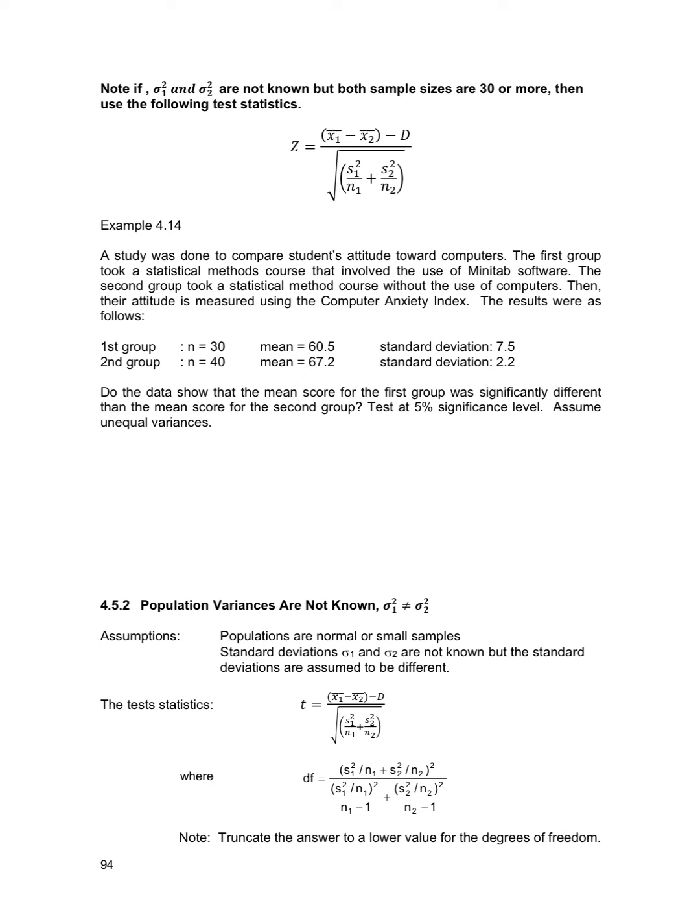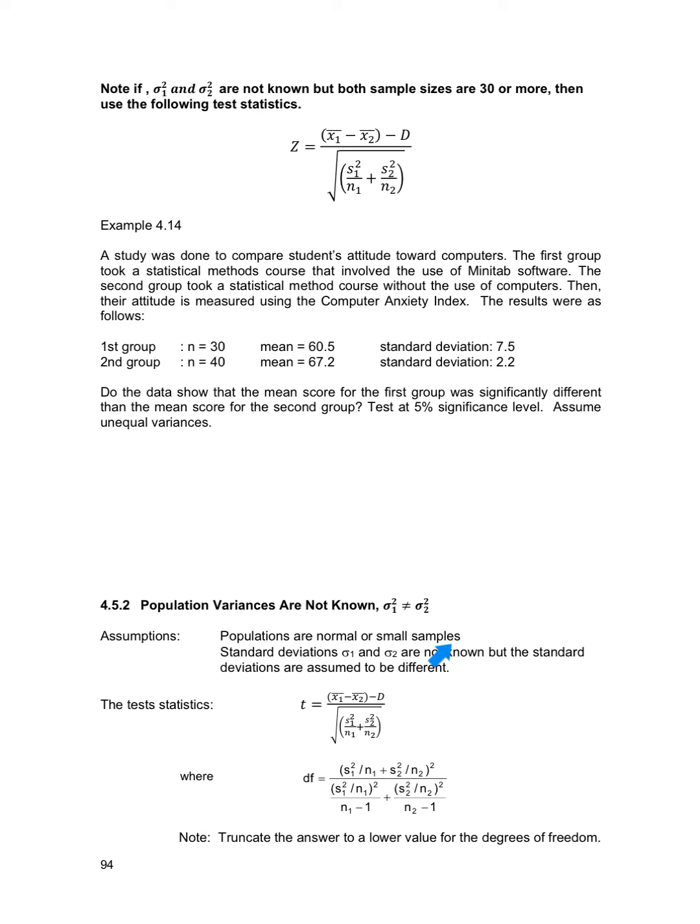Okay, let's continue case number 3. Okay, we will look into when the population variances are not known. Okay, unknown. So kita kata sigma 1 square does not equal sigma 2 square. Dia kita tak tahu, tapi we assume that it was not equal for population 1 and population 2. So what are the assumptions? Okay, the assumption are populations are normal or small sample.